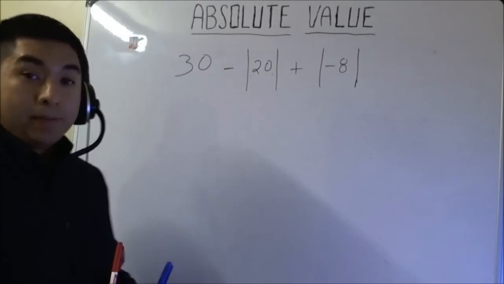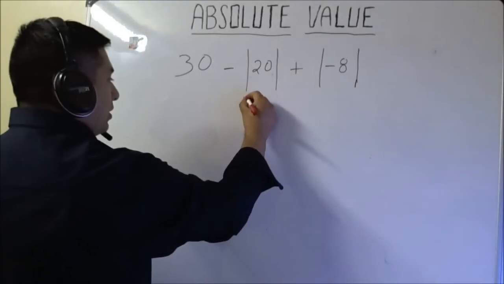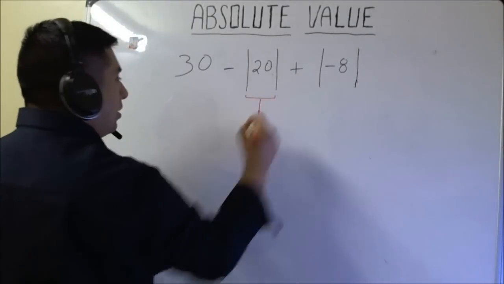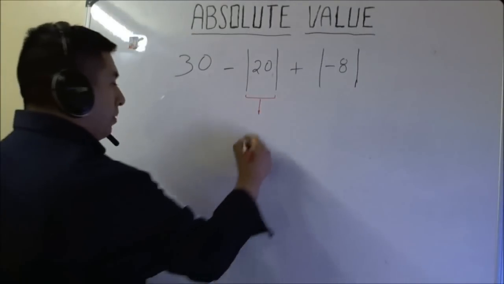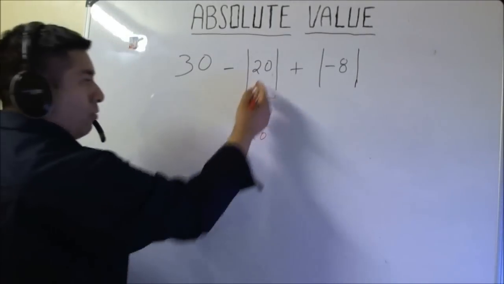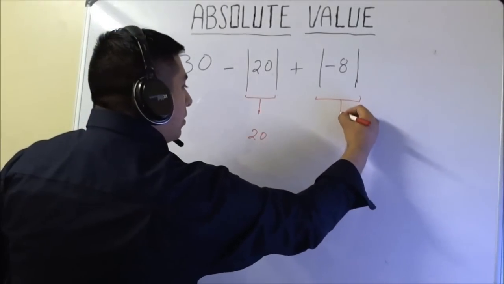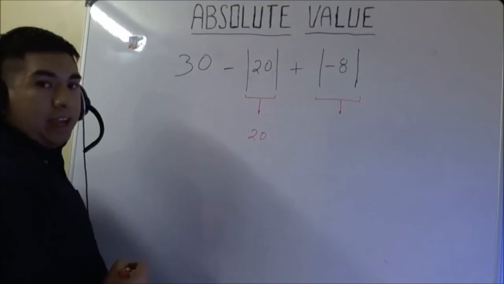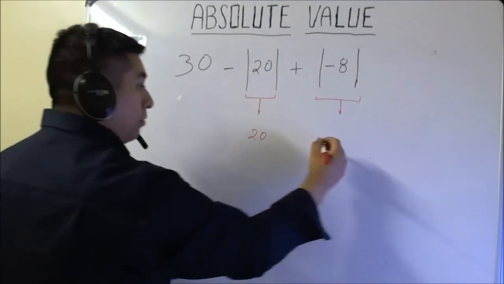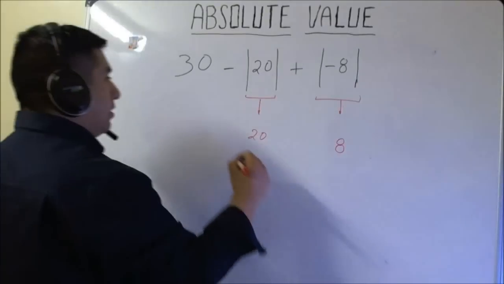First, you solve the absolute values. What's the absolute value of 20? Well, it's the same number but positive, which was already positive, 20. What's the absolute value of -8? The same number but positive, which is 8.